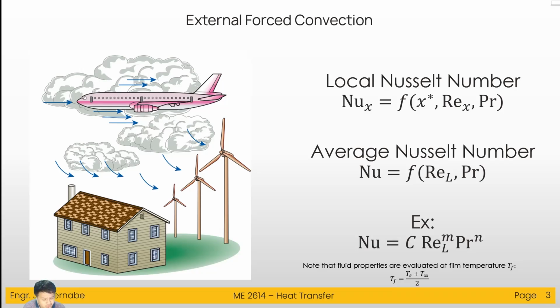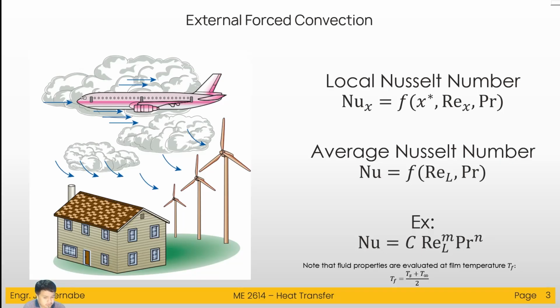When you say local, it is only applicable at some point. But if you say the average, you take all these local points, for example on a plate, and you can find the average over the whole plate.